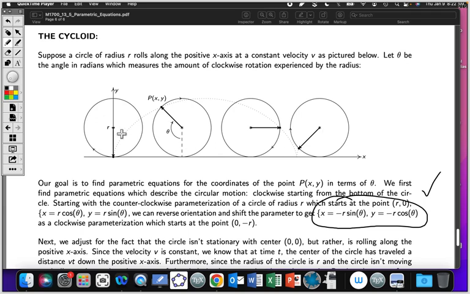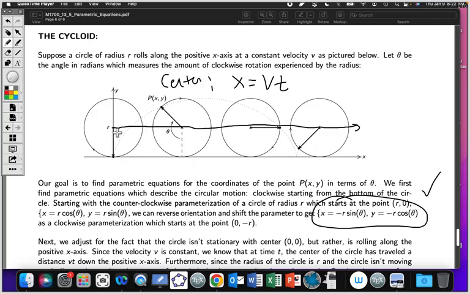Okay, so as this is rolling down the line here, the x-coordinate is going to be, well, whatever the speed is, velocity rather, times the time. Okay, so the x is going to be velocity times time. That'll tell me the x-coordinate of the center.